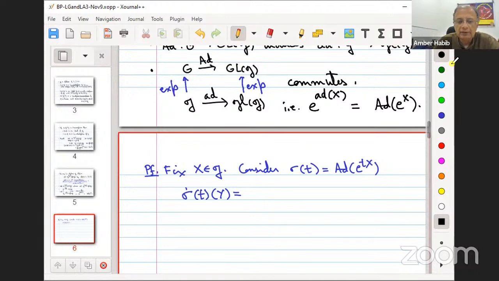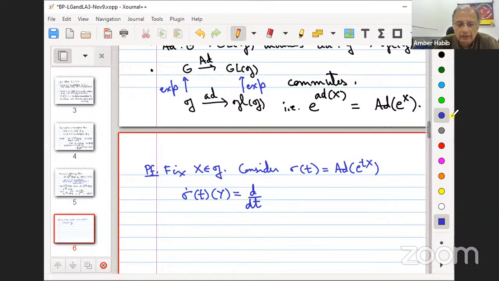So what happens if I differentiate this and let that act on some y, right? Because these are linear maps. So to see what they really are, I have to have them act on something. All right. So we will differentiate. And I'm not only differentiating at 0, it's general.